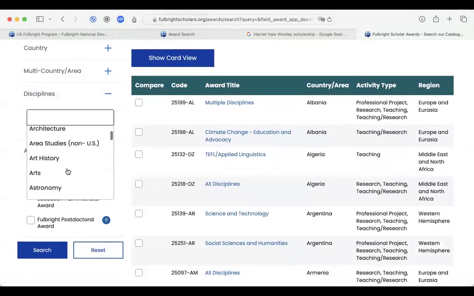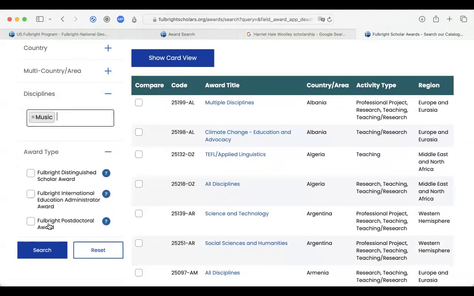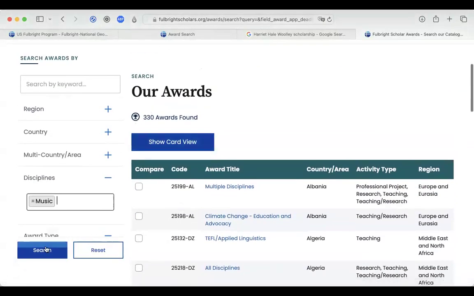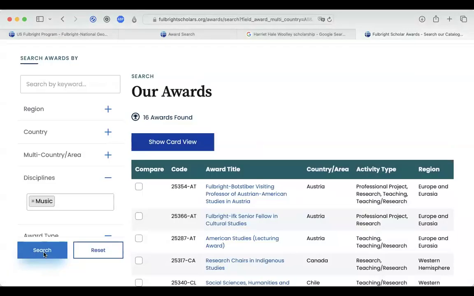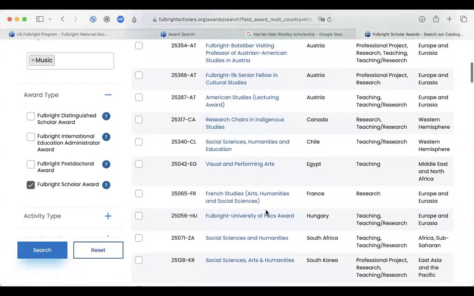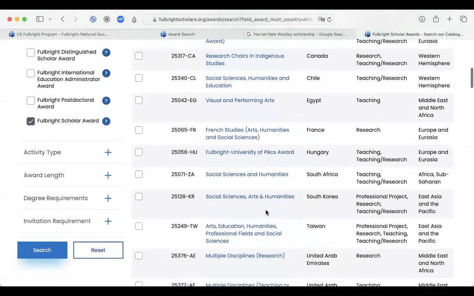So let's say that you are a musician. We're going to select music here and see what happens when you apply that search. So right now we have 330 awards showing. We just search for music and it drops to 16. And again, that's not saying that there are only 16 that you can apply for. That's 16 that specifically mention music in the description, as opposed to the open awards where it says open to all disciplines.